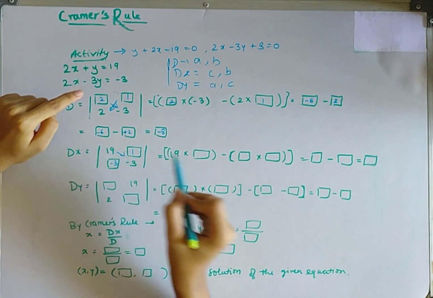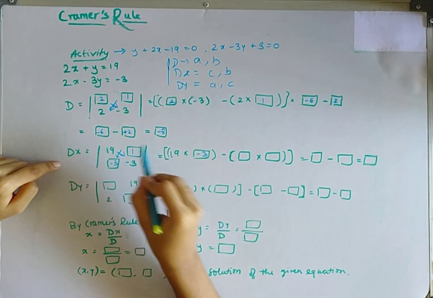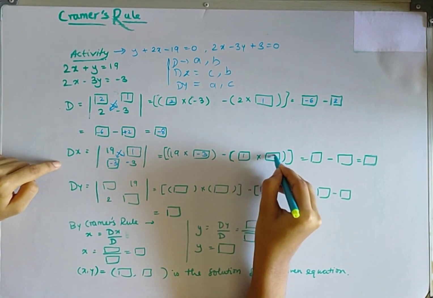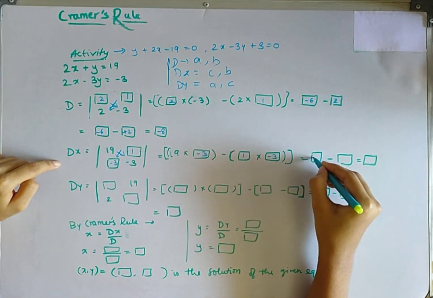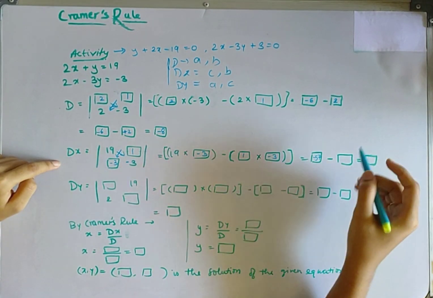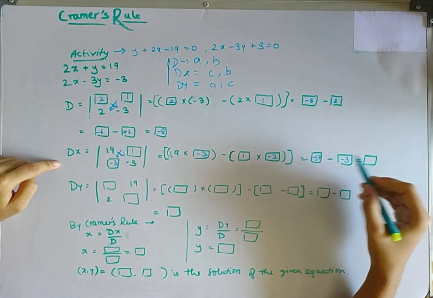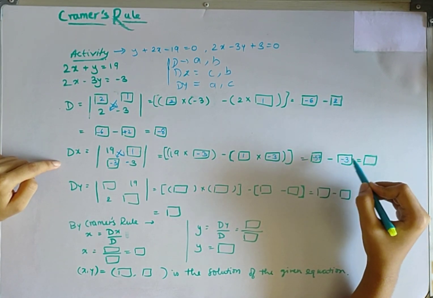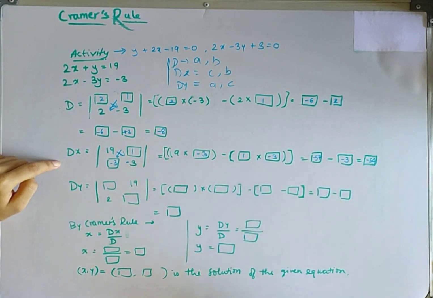So let's solve it. 19 into minus 3 minus then this diagonal, 1 into minus 3. 19 into minus 3, what will it lead to? Minus 57. Then minus 3 into 1 is minus 3. So what will be the answer? Minus 57 plus 3, right? So this is minus 54.